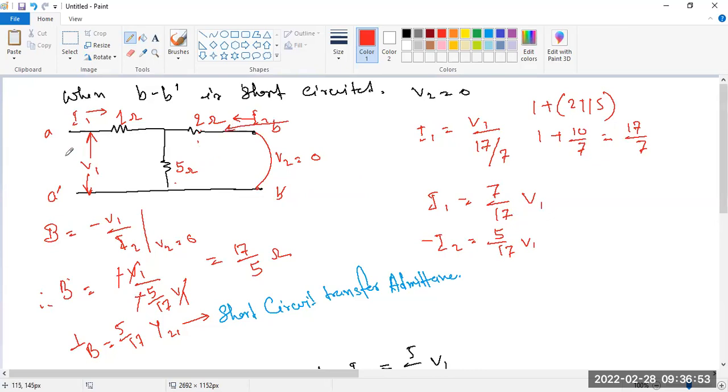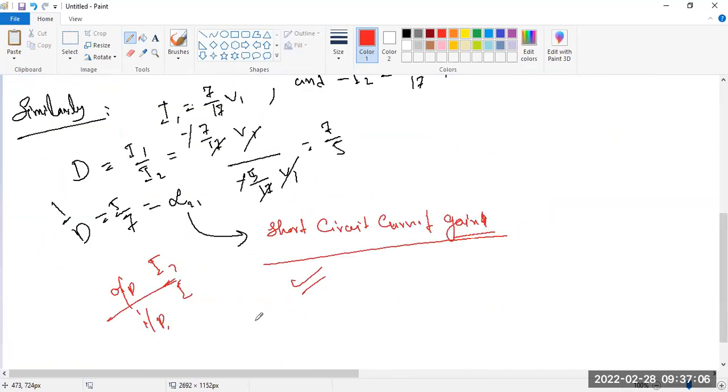Actually we are giving the voltage source over here, there is no voltage source here. So current is flowing in this direction. So already we have to mention that is minus. And whenever we calculate, it is already taken as minus I2.